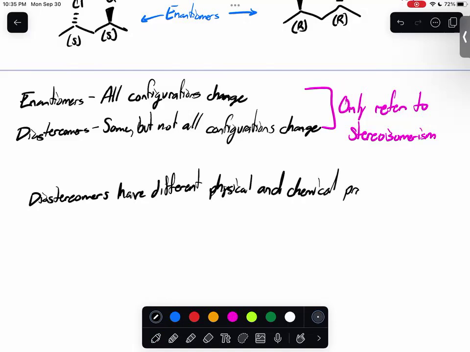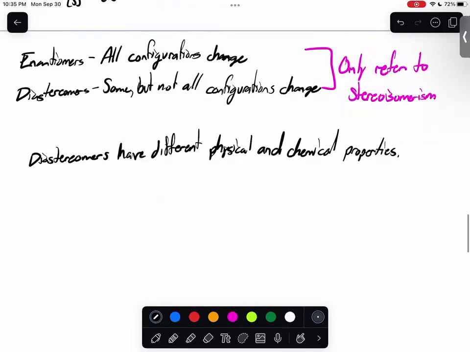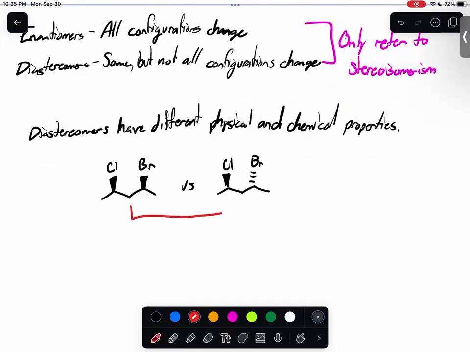All right, so unlike the enantiomers that we were looking at that only really made a difference when we're talking about biological systems, these actually have vastly different physical properties. So if you were to compare, for example, this structure versus its diastereomer, where we changed that bromine to be on a dash, you would see that these have different boiling points, densities, all that stuff.